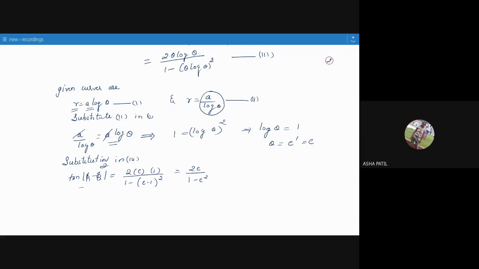Now this is tan of phi 1 minus phi 2. Hence, the angle between the two curves is equal to mod of phi 1 minus phi 2, which, by taking this tan to the RHS, we get tan inverse of 2e divided by 1 minus e square. So this is the angle between the two curves.